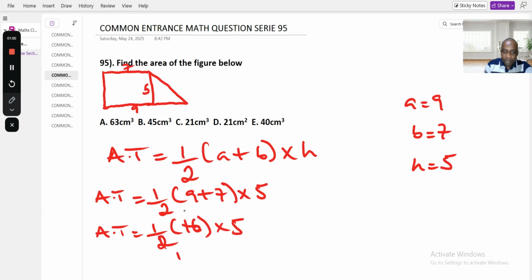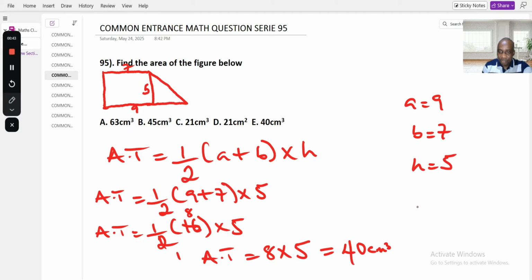How many 2 can we see in 16? 8. Our final answer, 8 is equal to 8 multiplied by 5. What is 8 multiplied by 5? It is going to give us 40. Our final answer is 40. Do you have 40 there? Yes, E. Let's move to the next question.